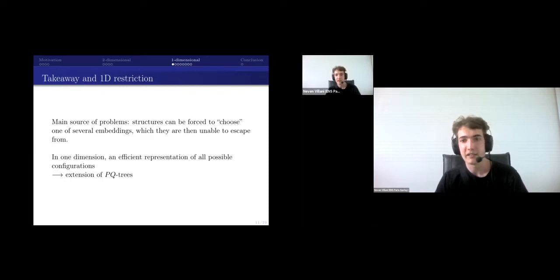And what happens is that in the one-dimensional case, which we will see in just a second, we have a way to represent all possible embeddings at once, and perform computations efficiently on this set of all embeddings. And this is possible thanks to a data structure which already existed to study the static one-dimensional case, but which we extend to handle temporality.